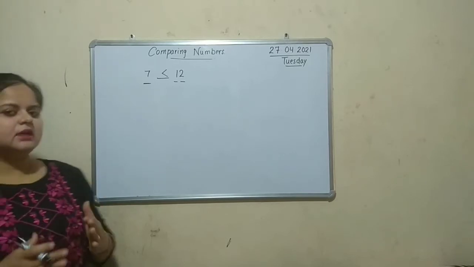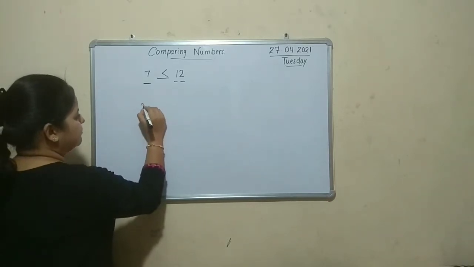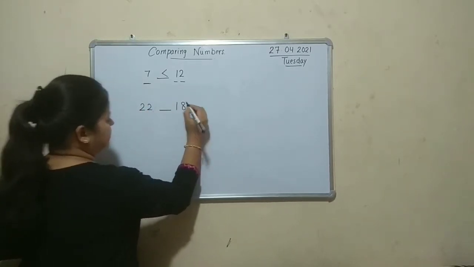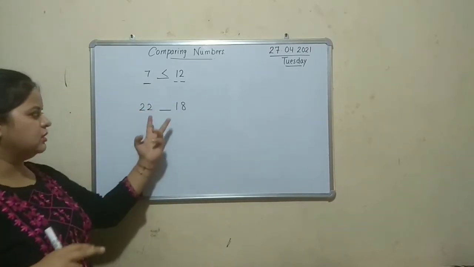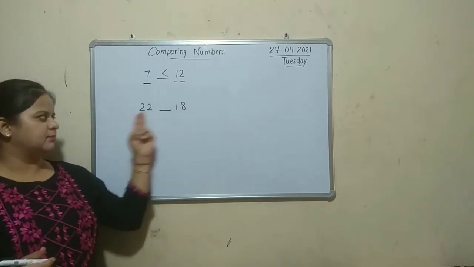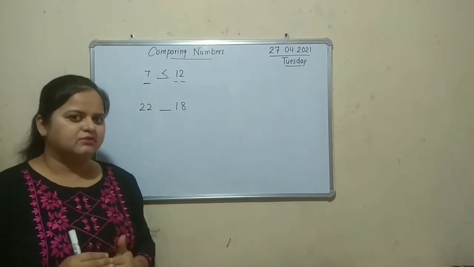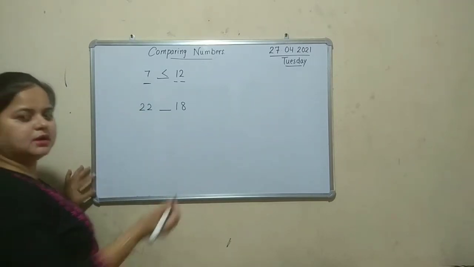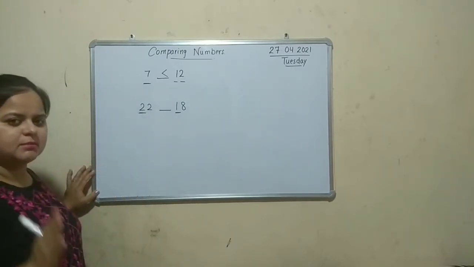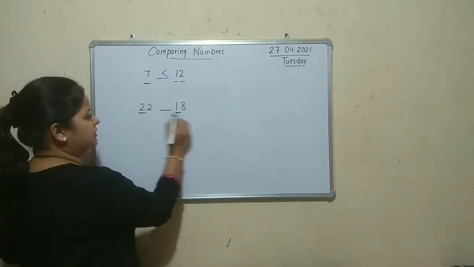And one more thing, if we have two-digit numbers like 22 and 18, if we have again two numbers for comparison and both are two digits number, how we will compare the numbers? Always see at the number which is placed on tens place. Do the comparison of that number.